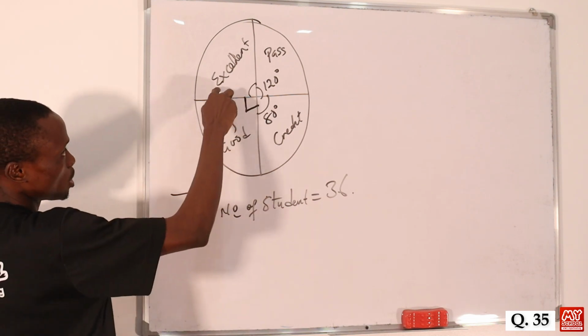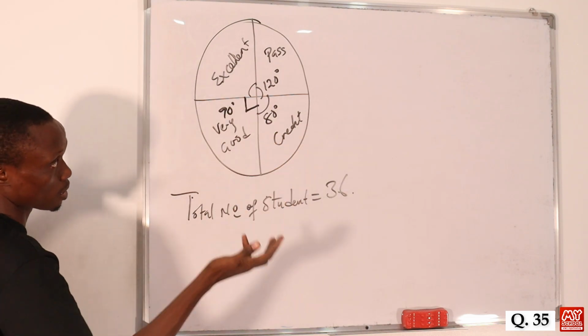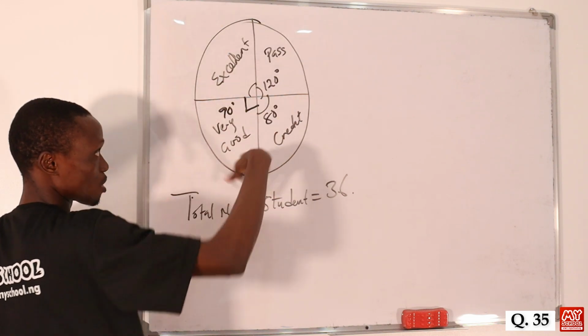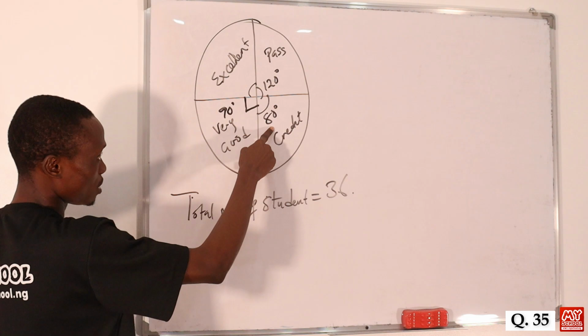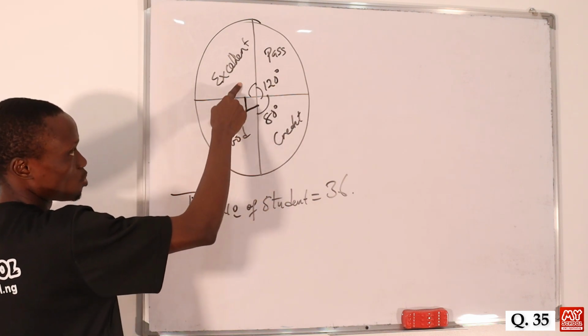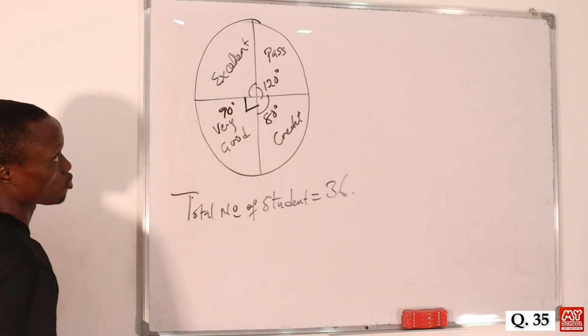Okay, so if we check the excellent part, we don't know the angle, but we can actually calculate for that angle. Okay, because we know that the angles in a circle is equals to 360, right? So we know here to be 90, here to be 80, here to be 120. So we can definitely know here by simply adding these three angles together and subtracting it from 360.